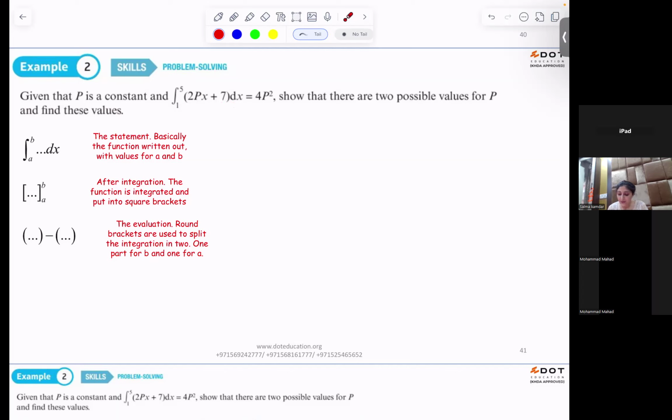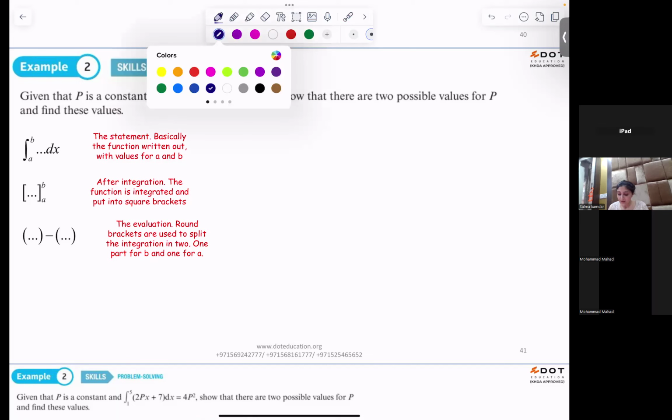That means they're telling you that when you're integrating this with the set limits, the answer that you're going to get is going to be 4p square. Are you with me? You have to show that there are two values for p and find these values. Indirectly, they're asking us to solve for p.